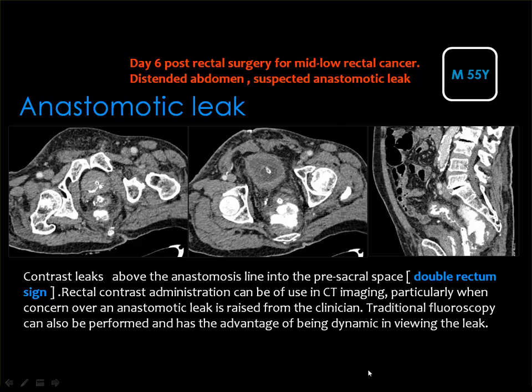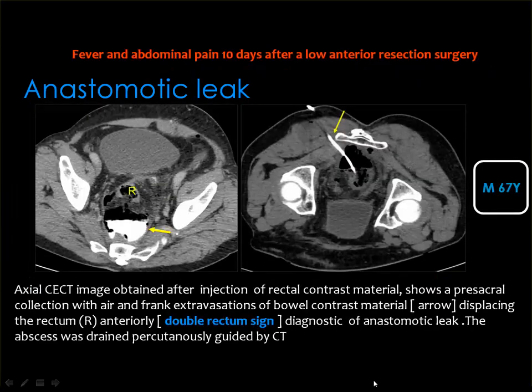Actually, CT scan with birectal contrast injection is very helpful to detect these anastomotic leaks. This is another example, and you see air, contrast material and fluids in the retrorectal area. This is the rectum and this is the site of the leak.